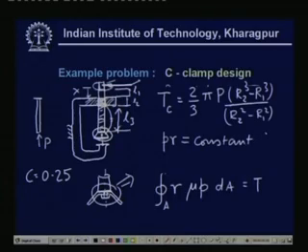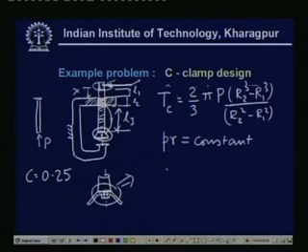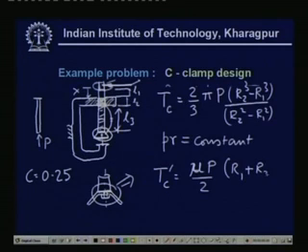Again, if you do the same calculations, you get this form: for constant wear we have mu times P by 2 times (R1 plus R2).